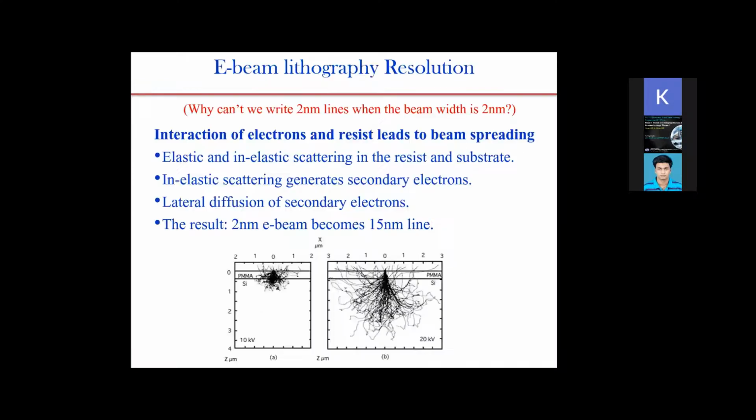Okay. Now regarding the resolution, let's say you have a 2 nanometer beam spot. Will you get a 2 nanometer line using that beam spot, whether you are using point dose or line dose? No, the answer is no. If you have a 2 nanometer beam spot, you cannot achieve a 2 nanometer line.